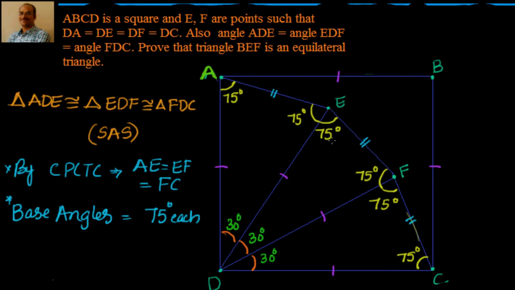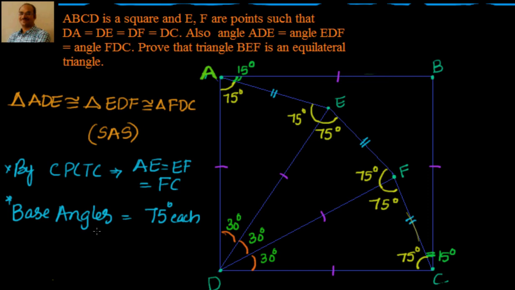We have seen that these three triangles are congruent. What additional information can we find? We know angle at A is 90 degrees, so this angle is 15 degrees, and this angle is also 15 degrees. This angle is also equal to 15 degrees.